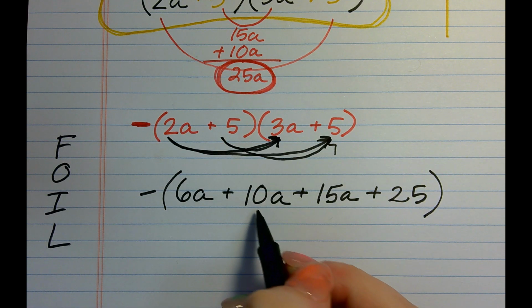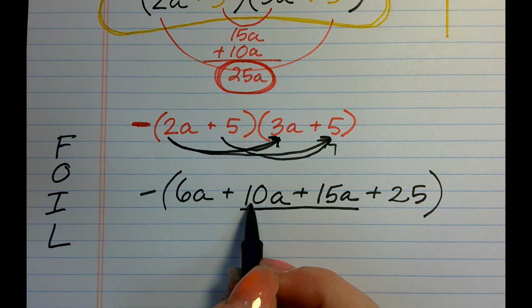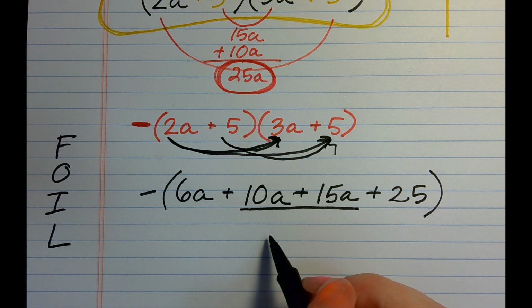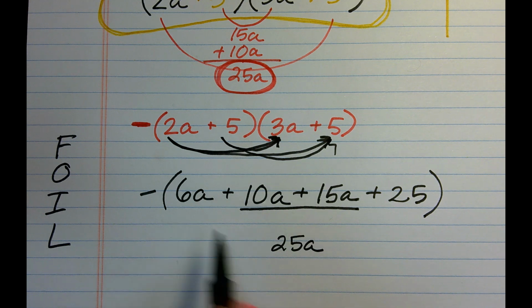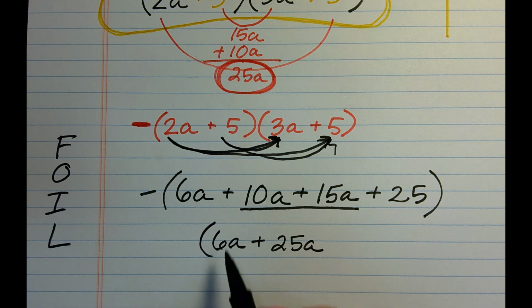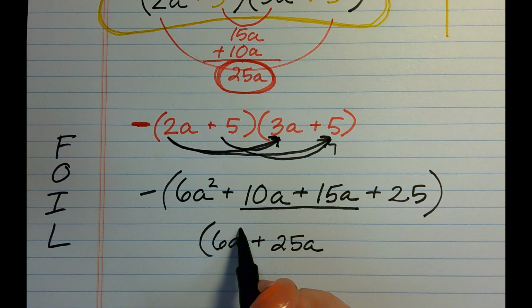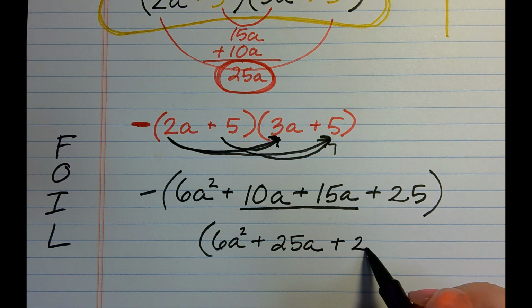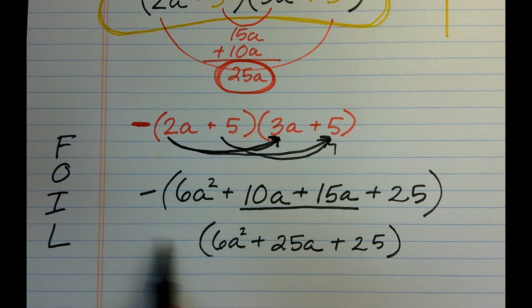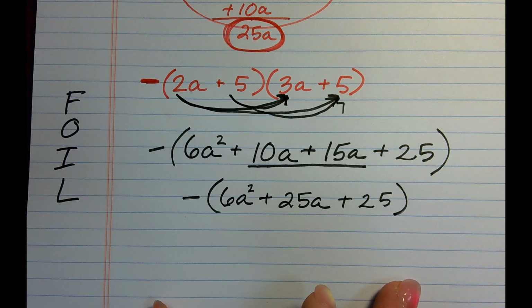So we would just combine like terms at this point. 10A plus 15A, and that's 25A. Oh, I forgot my squared. Sorry, guys. Now we have our negative.